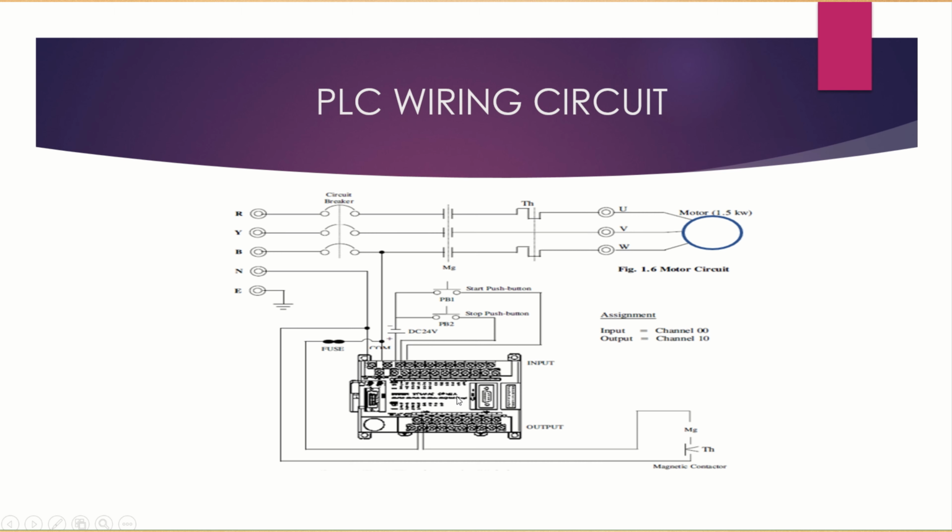And then we will make a ladder diagram, or we will make a ladder program here using the CX-Programmer for Omron PLC. After that, it will be processed, and the outcome of the ladder program will go to the output module here and terminate here going to the output devices.